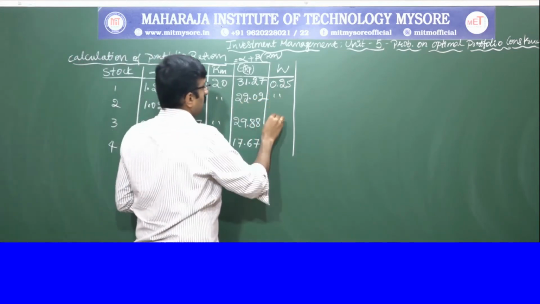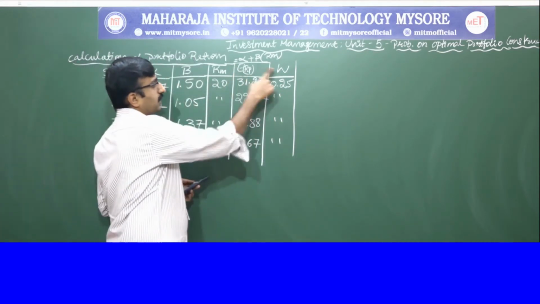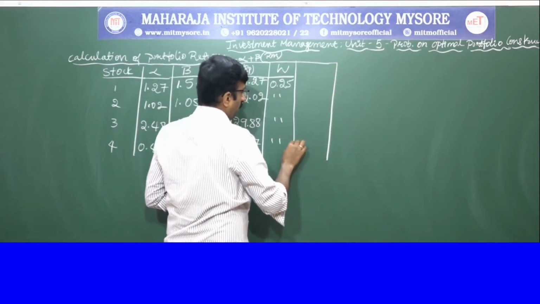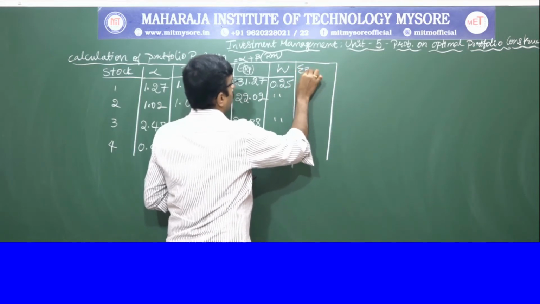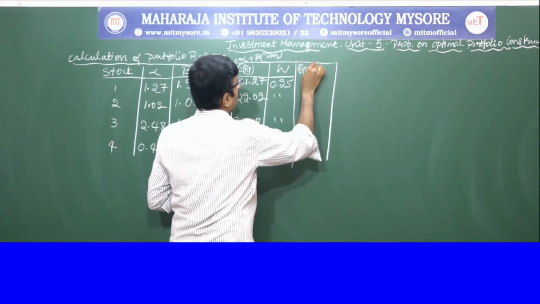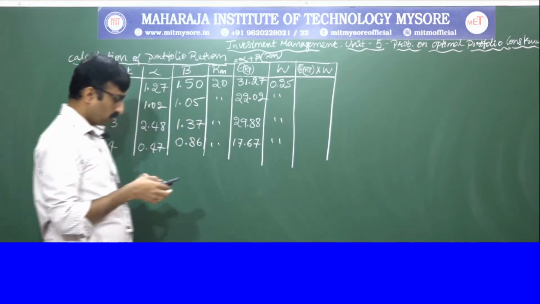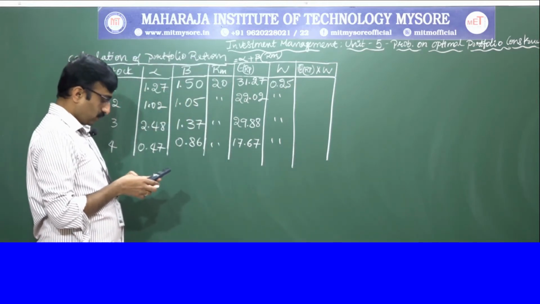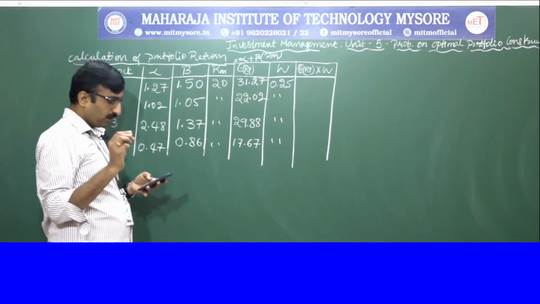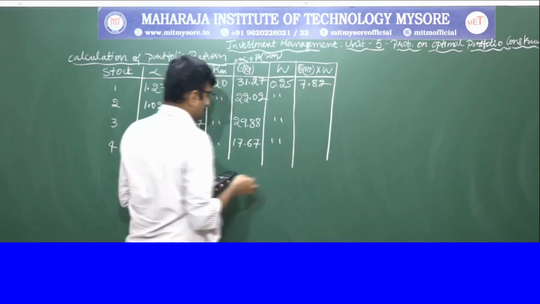Same thing will be applicable to the second one, third one and the fourth one, 0.25. So then find expected portfolio return into weights. Weights are also called probability. 31.27 into 0.25, you will get 7.82 approximately, 7.82%.